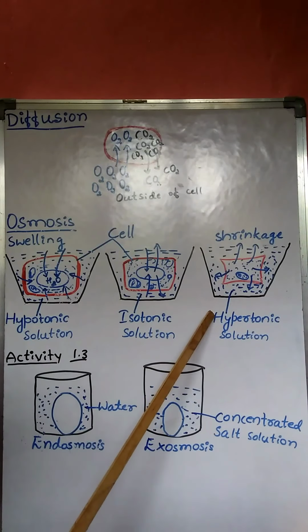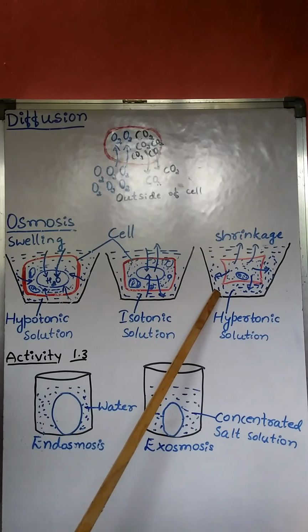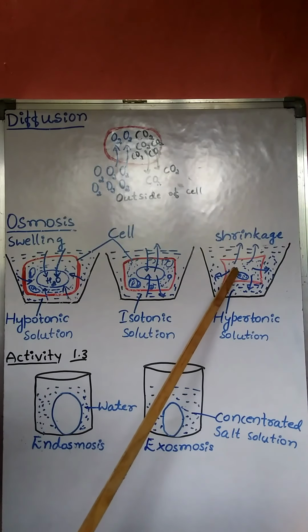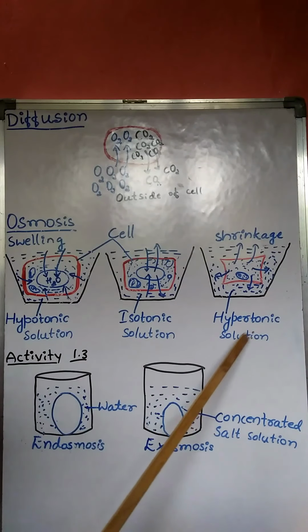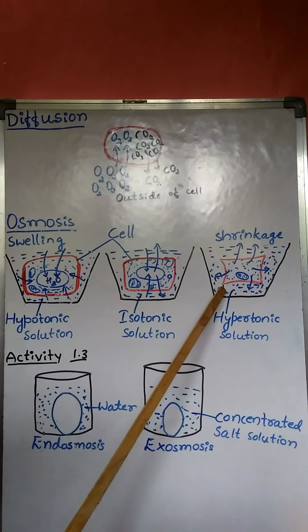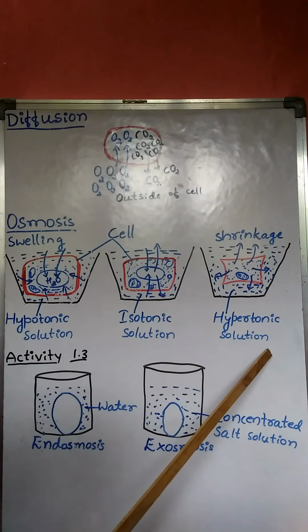Next one is hypertonic solution. When the external solution has more osmotic concentration as compared to that of the cell, it is called a hypertonic solution. When the concentration of solutes is more than the concentration of water molecules, then it is called a hypertonic solution.